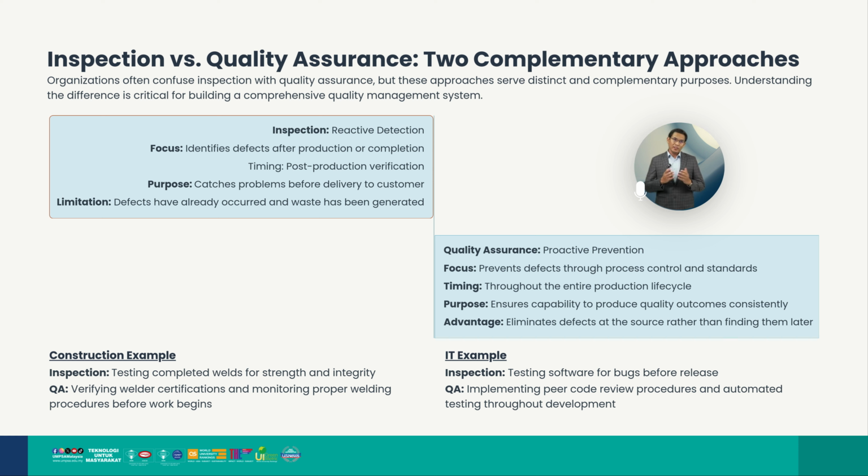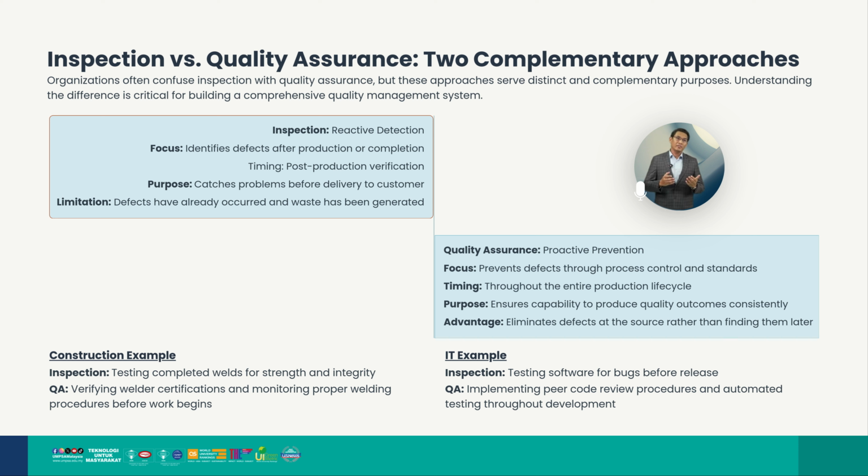Now, in a construction project, inspection may involve examining completed weld joints to ensure there are no cracks or weaknesses, while quality assurance focuses on ensuring that welders are certified, that welding equipment is calibrated, and that proper procedures are followed throughout the welding process.